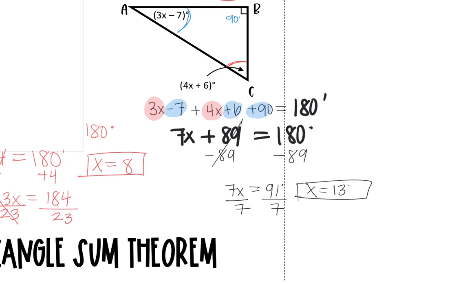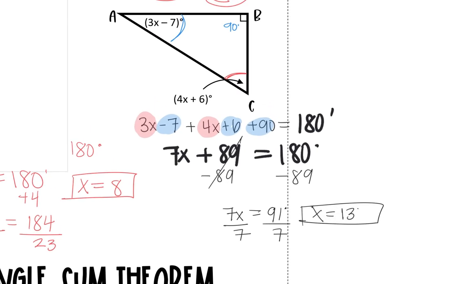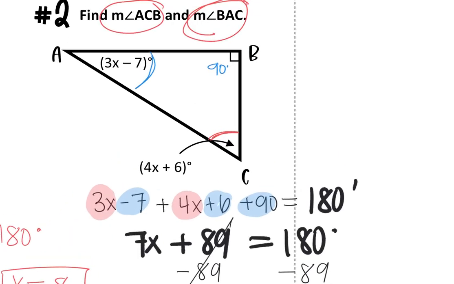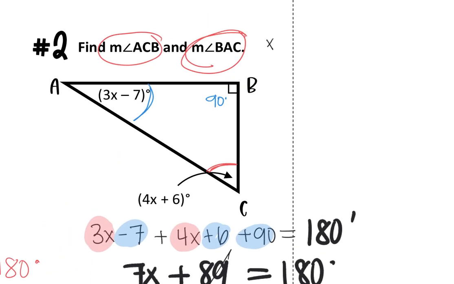Now, that's important. But the question was, find the measure of angle ACB and the measure of angle BAC. So I have to go back still and plug it in, okay? I'm going to find each angle first that I need, the red one and the blue angle. So x is 13. I'm going to put that at the top. X equals 13. Remember that. Now, one of the angles represents 4x plus 6. So I'm going to just plug it in.